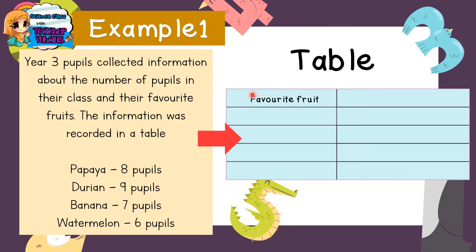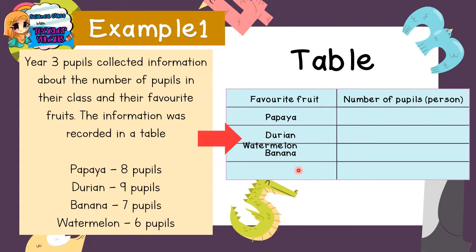Favorite food, and number of pupils. On the favorite food column, we write down papaya, durian, banana, and watermelon.